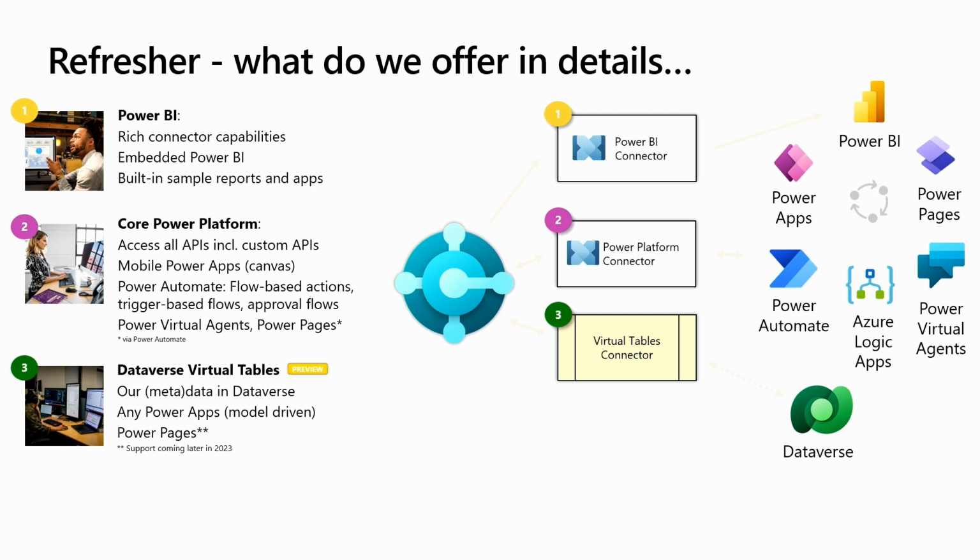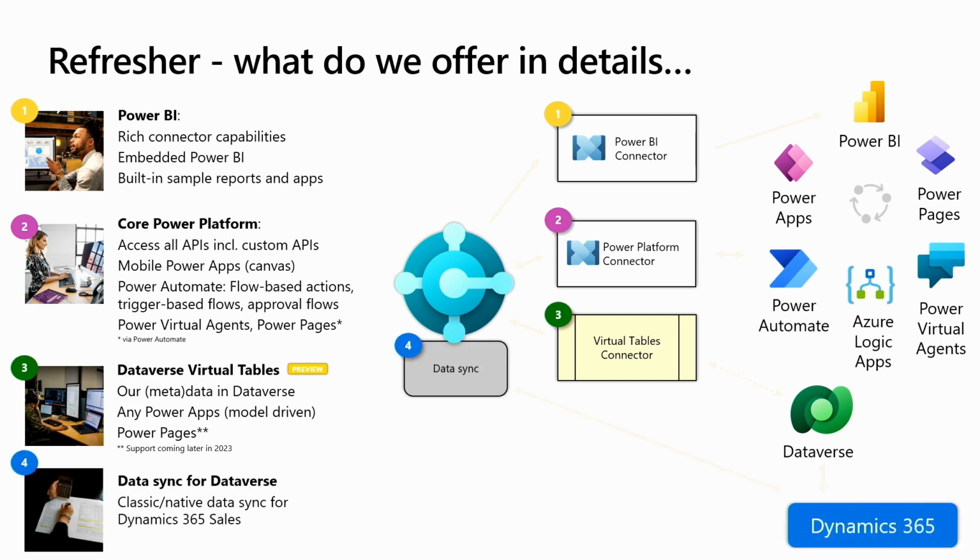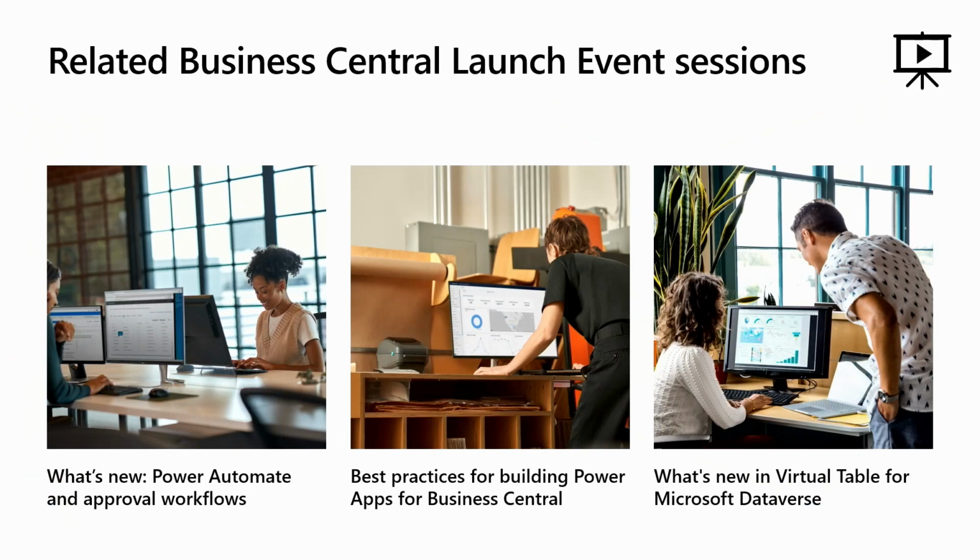And then you can use the data visible in Dataverse to build more advanced Power Apps and solutions. We also have the Data Sync that allows you to synchronize data from Business Central to Dataverse, specifically for Dynamics 365 Sales.